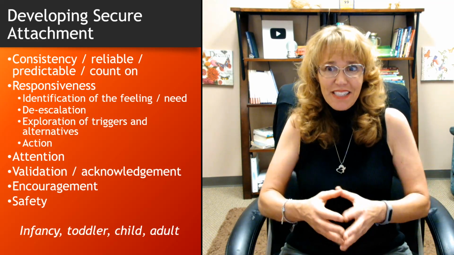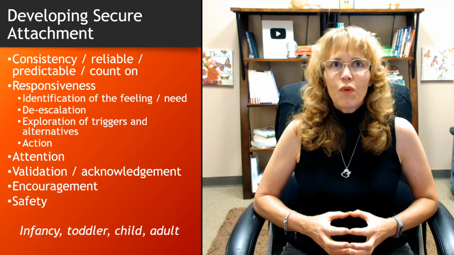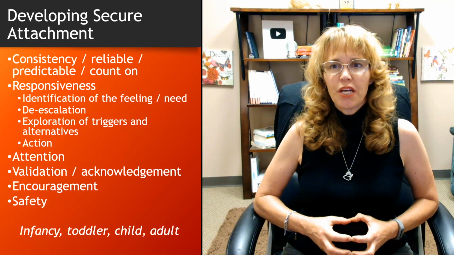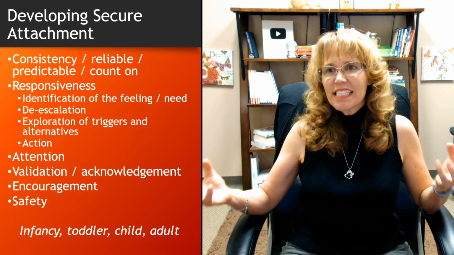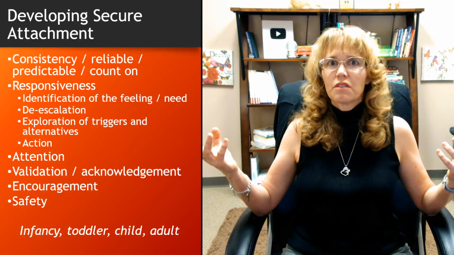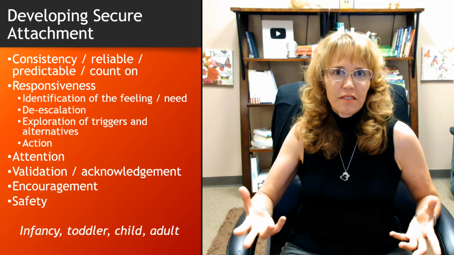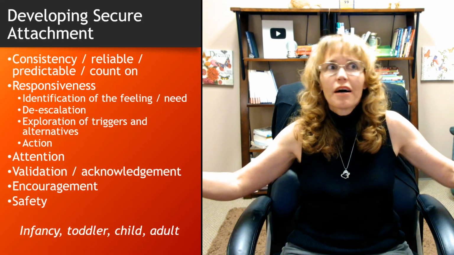Consistency with others, or secure relationships with others. When you're in a securely attached relationship, each person is consistently or reliably available for the other person. I can count on you to be there. Maybe not 100% of the time.